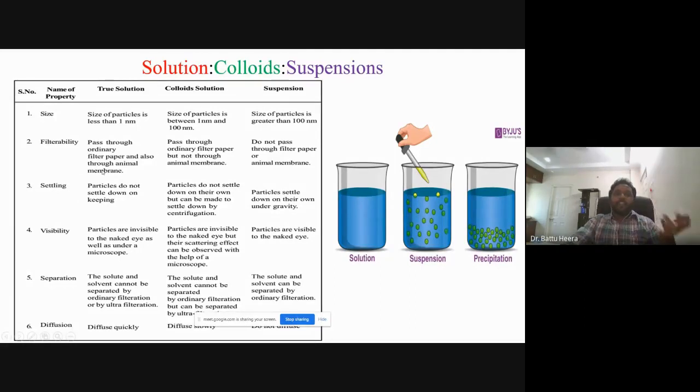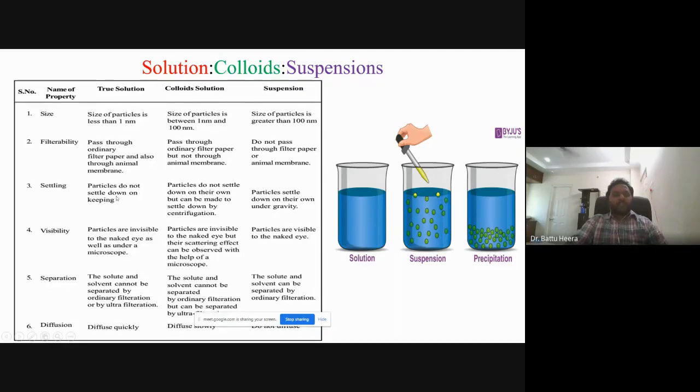Okay, and now filterability. Pass through ordinary filter paper and also through animal membrane. They can be passed through ordinary filter paper and also through animal membrane. Pass through ordinary filter paper but not through the animal membrane. Okay, and also they do not pass through filter paper or animal membrane. Okay, now settling.